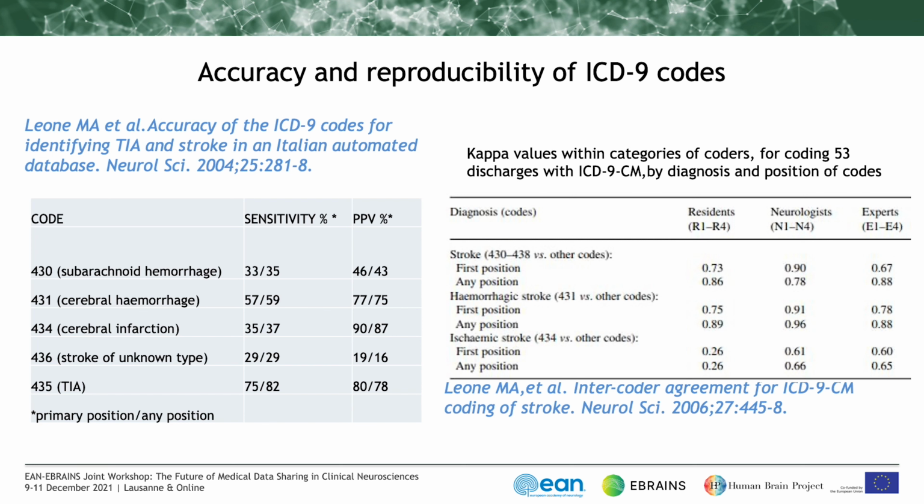And as you can see here, the agreement was good for hemorrhagic stroke, but not so good for ischemic stroke. So this is also a crucial point to take into consideration when we deal with federating data. And I will stress that it is absolutely necessary to have an idea of the size of a problem as a whole and for specific categories.